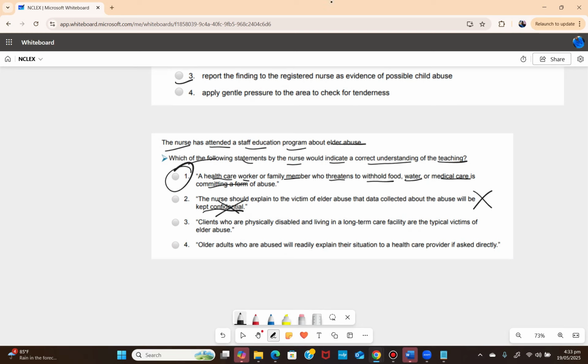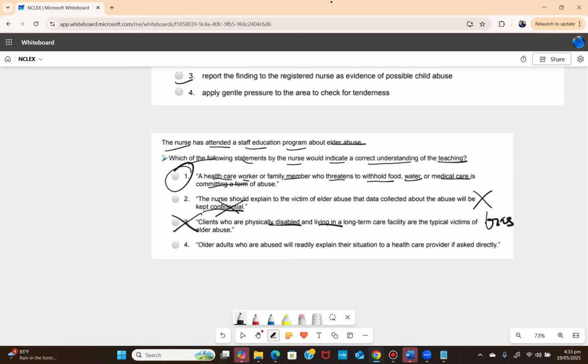Right. Clients who are physically disabled and living in a long-term care facility are the typical victims of elder abuse. No, this is very biased to say it's only this set of people that are typical victims of abuse. We have a lot of people that experience abuse, so this is biased. NCLEX doesn't support that, so that is out.